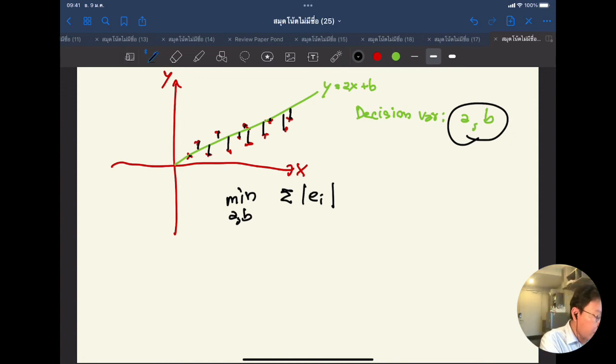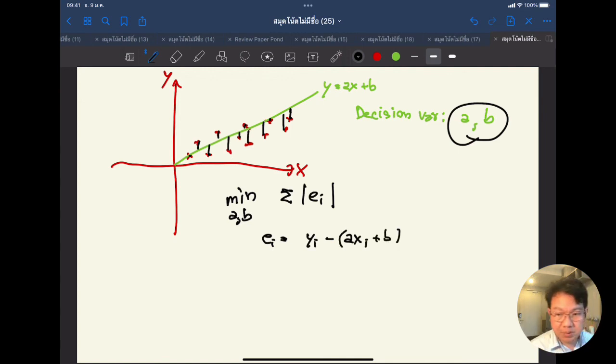So what about this error? EI is the difference between the yi, which is the real output, and we subtract it with axi plus b, okay?